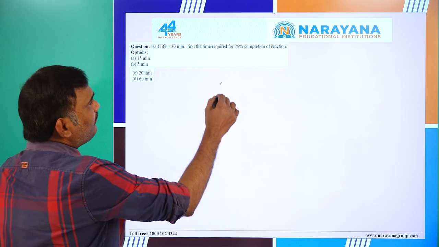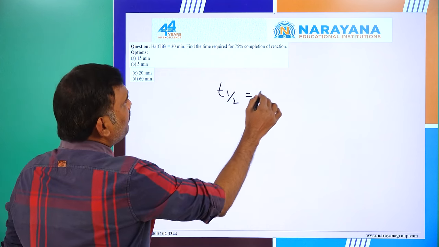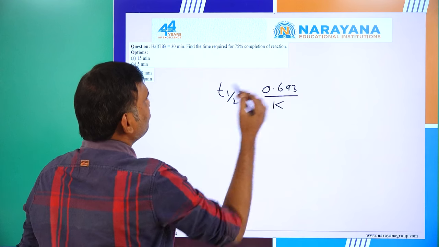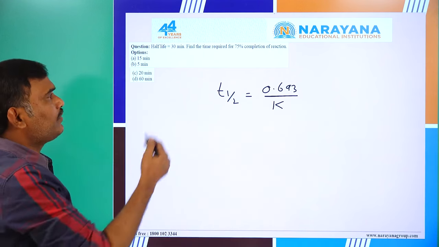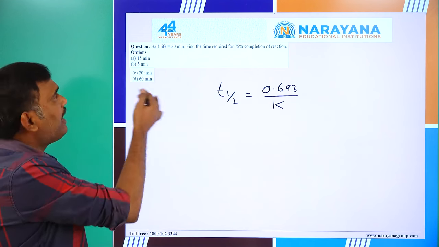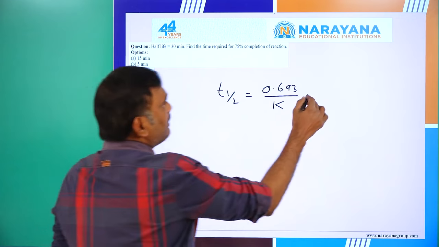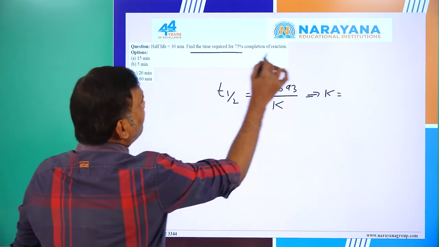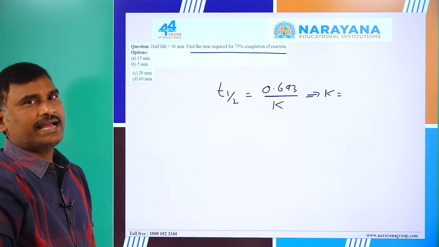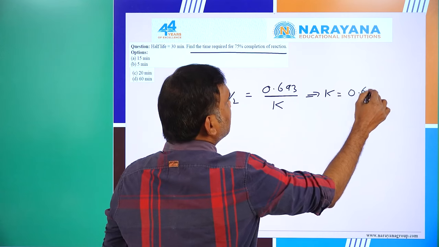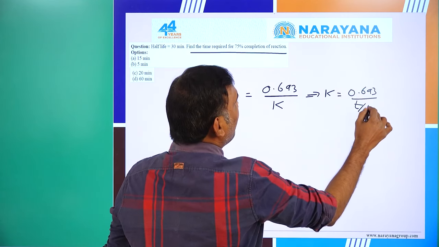So t half is equal to 0.693 by K, and by using this we complete it. Then K is equal to 0.693 by t half.